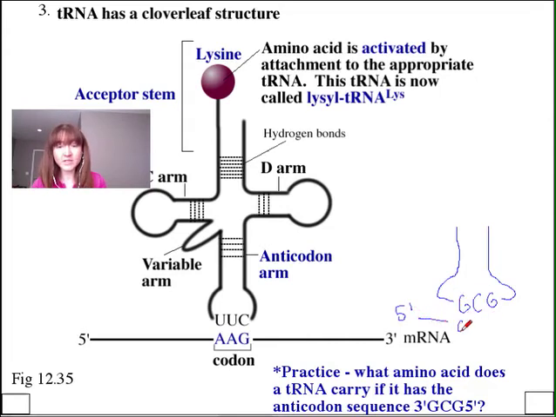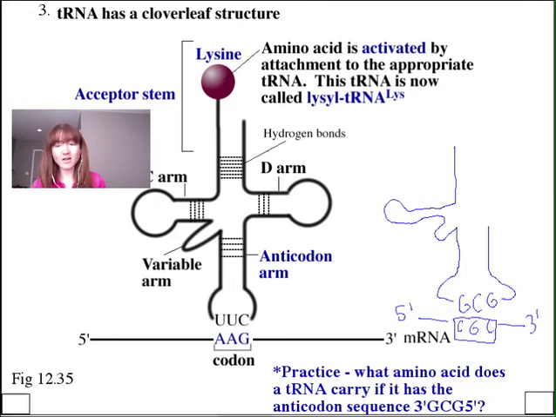So G will pair with C, C with G, and then G with C. So now we know the codon sequence is CGC. So that's what we need to actually look up in our codon usage table and see what amino acid would be carried then up here on the acceptor stem of my extraordinarily ugly tRNA.